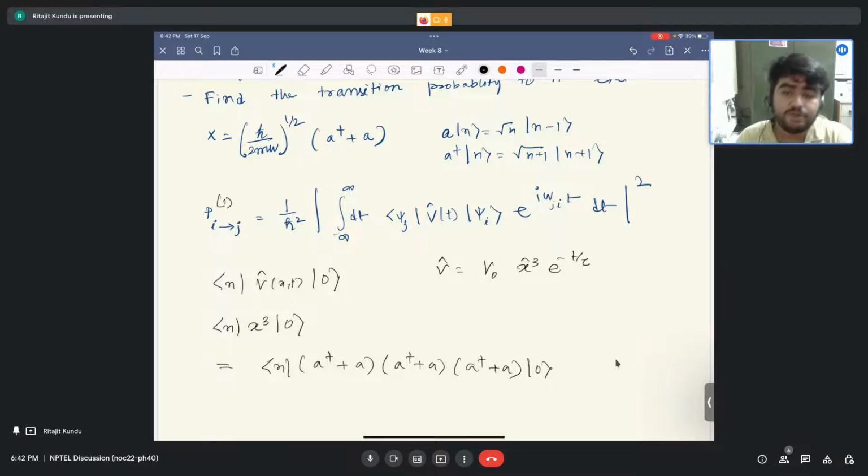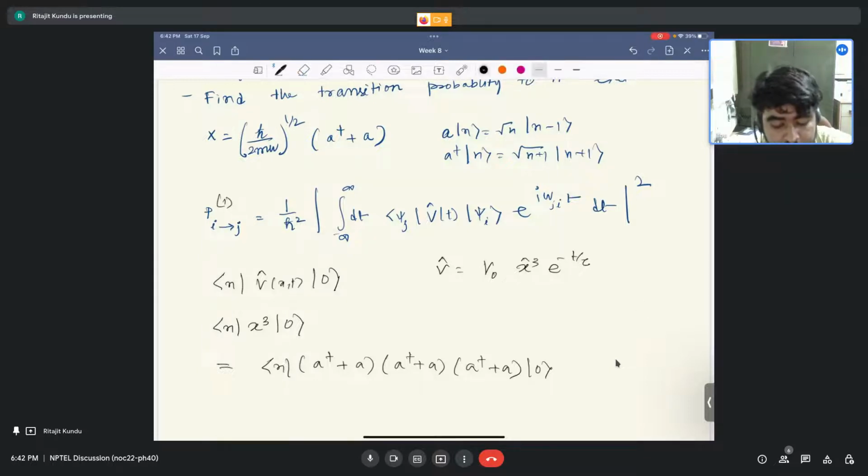Whenever we are dealing with operators, we should not use formulas like a plus b whole cube, because these formulas are mainly for things which commute. Real or complex numbers commute with each other, but when we are dealing with operators it becomes a little tricky.